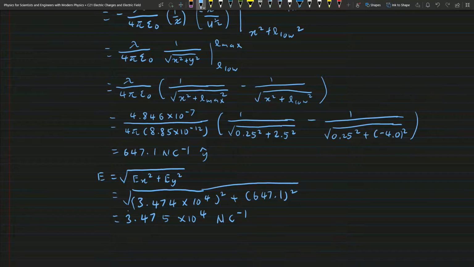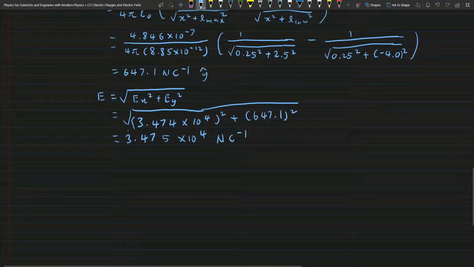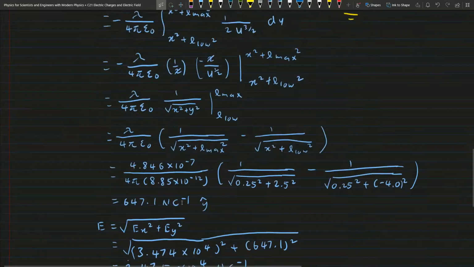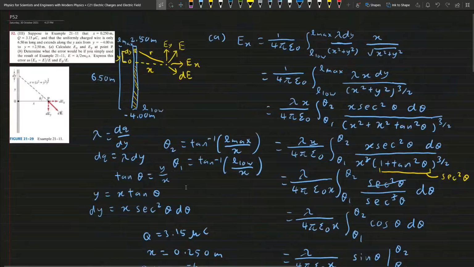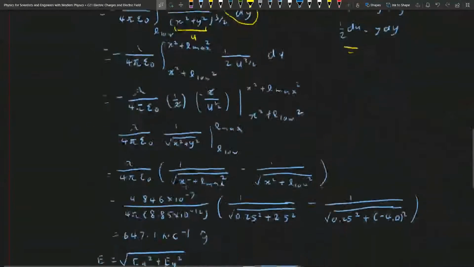Now this whole thing is actually part A. So we want to find out part B for now.